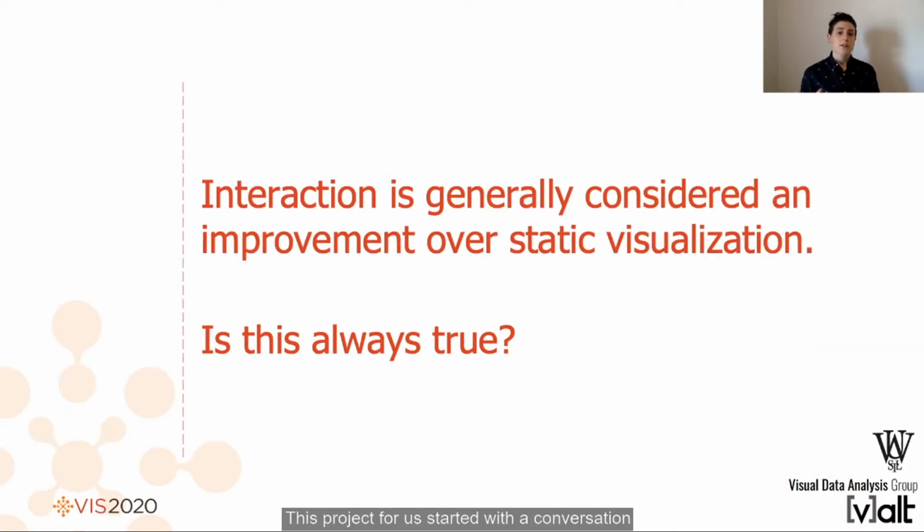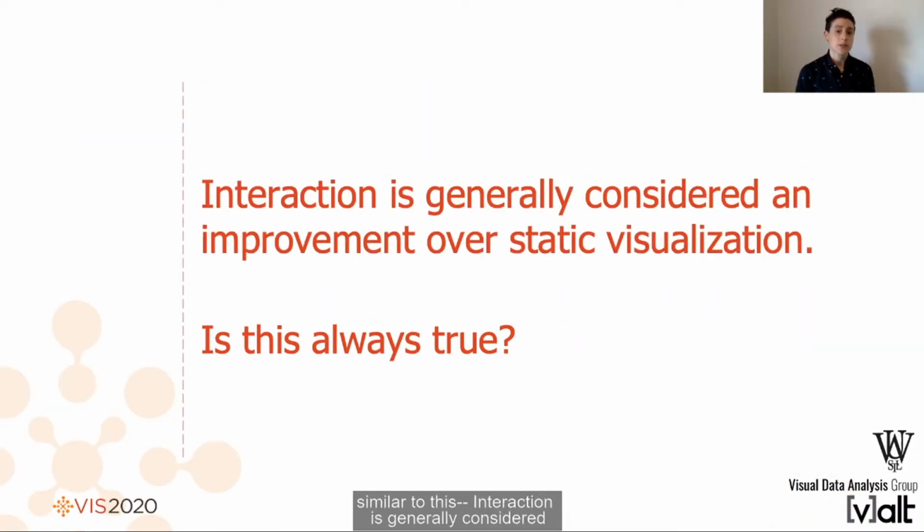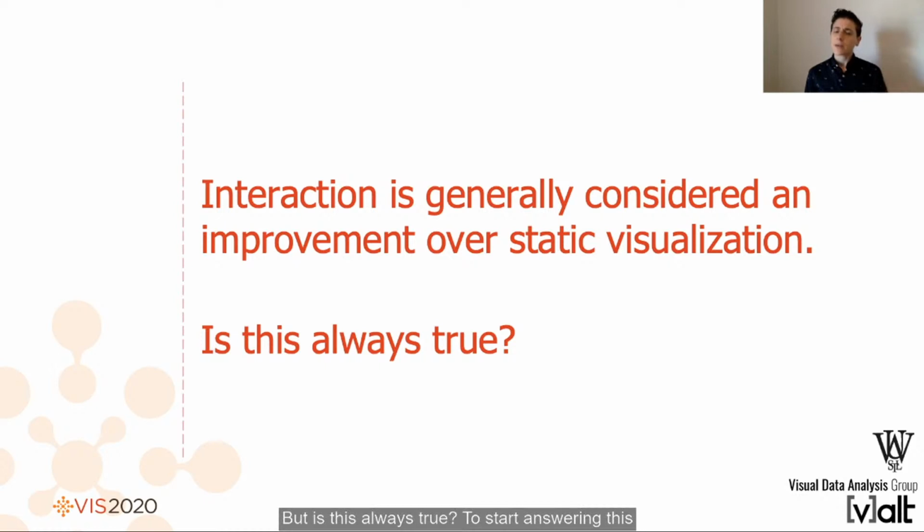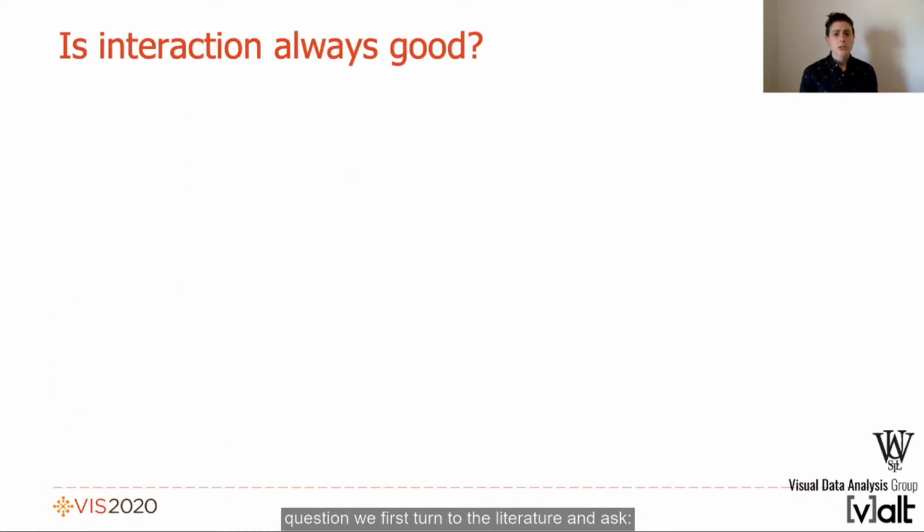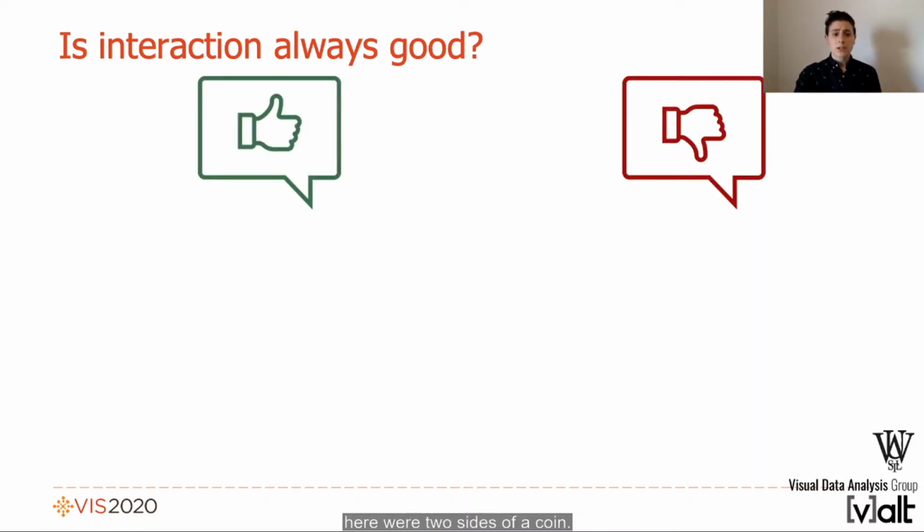This project for us started with a conversation similar to this. Interaction is generally considered an improvement over static visualization, but is this always true? To start answering this question, we first turned to the literature and asked, is interaction always good? What we found were two sides of a coin.